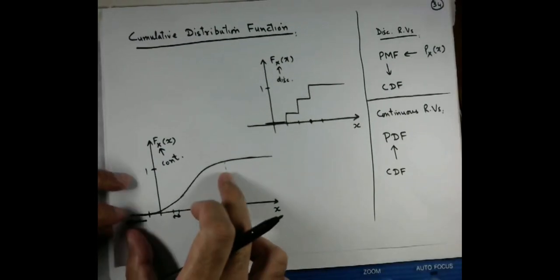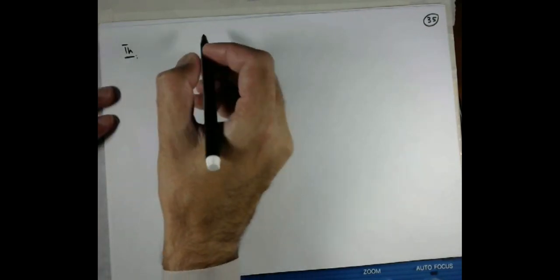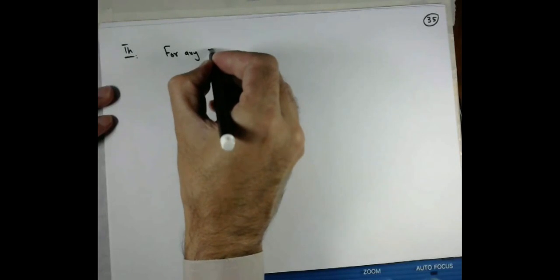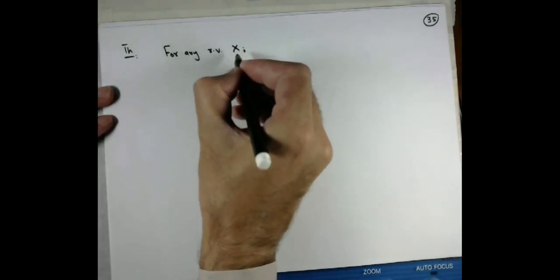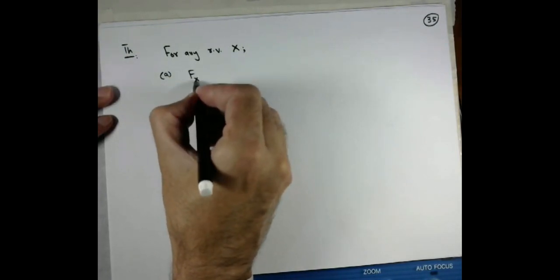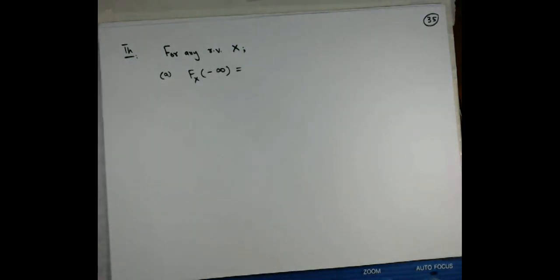So I'll move on to write the 3 important points with respect to this continuous distribution. This is given as a theorem in your textbook, and that says, for any random variable x, first, the CDF of x at minus infinity should be equal to what?